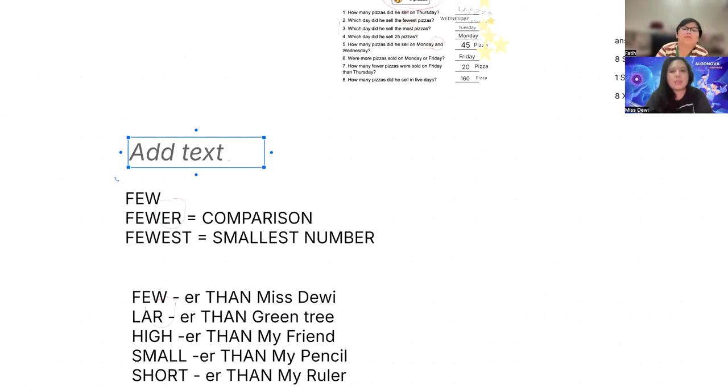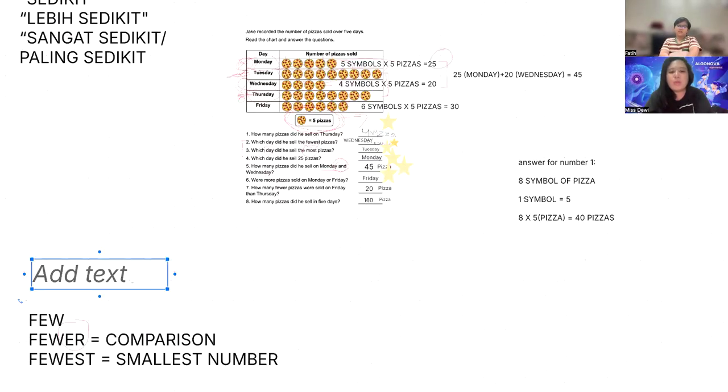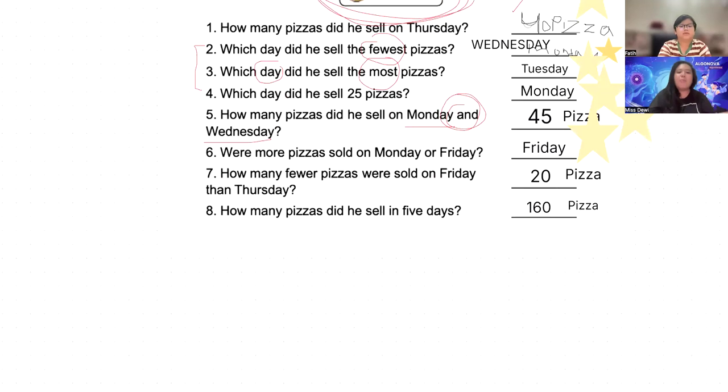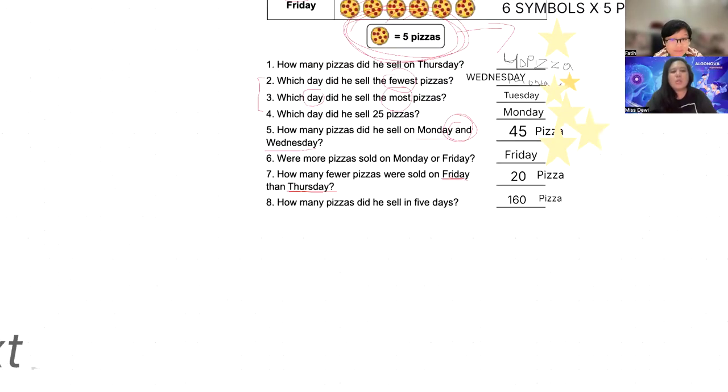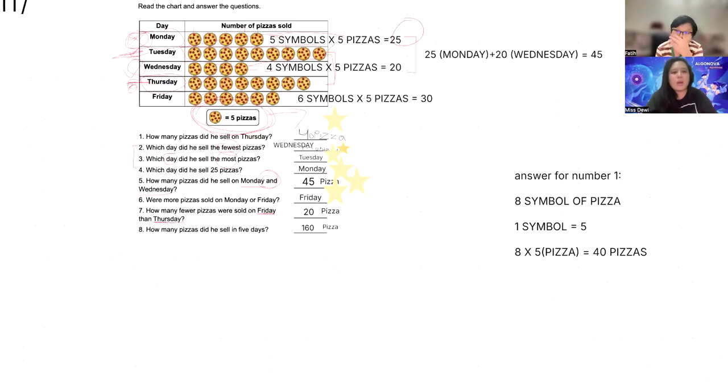Next. Because you see this question, how many fewer pizza? It means there is a comparison between what and what? Friday and Thursday, yes. Since you already know the total of the pizza on Friday, you have 30, and Thursday you don't have yet.